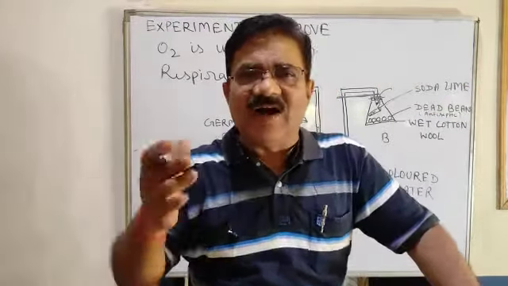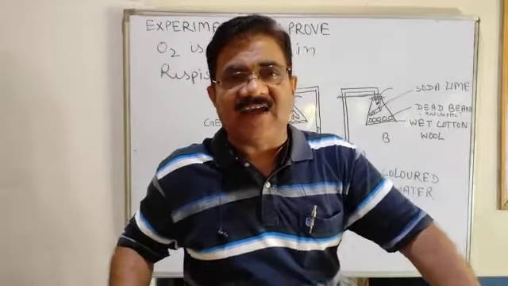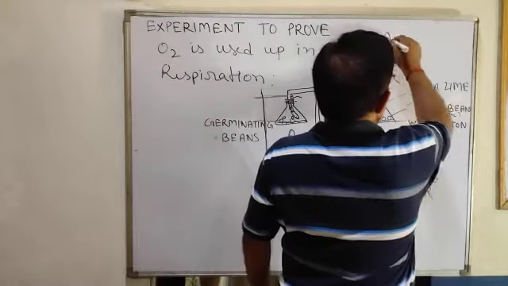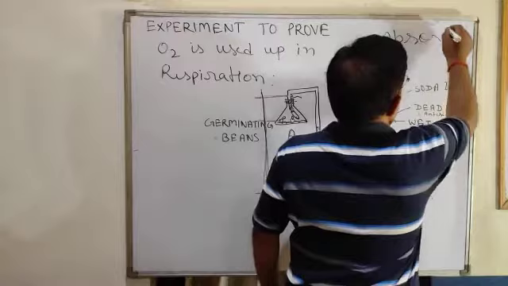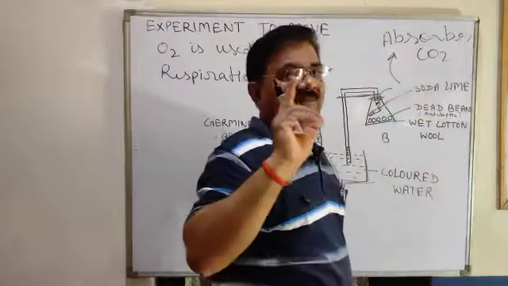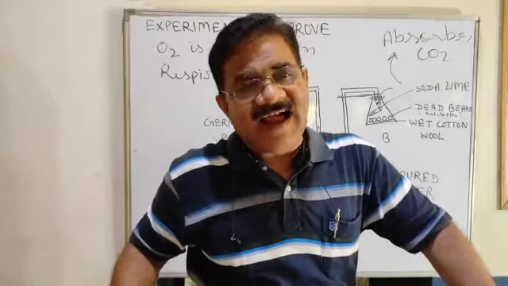Their function is to absorb carbon dioxide. This soda lime will absorb carbon dioxide. The function of soda lime is to absorb carbon dioxide, and soda lime means a mixture of sodium hydroxide and slaked lime.